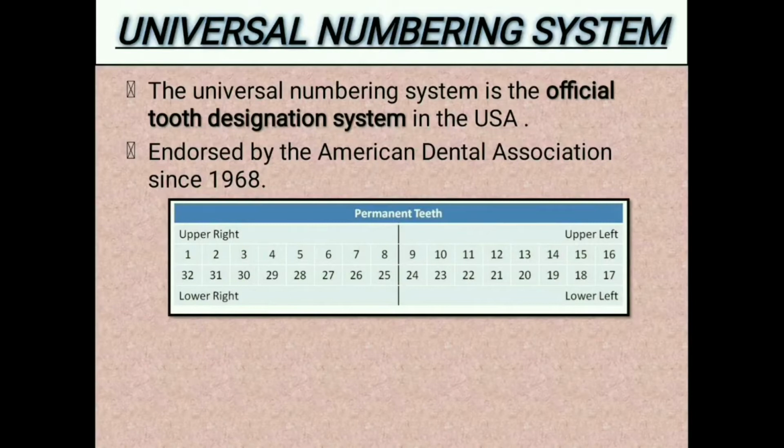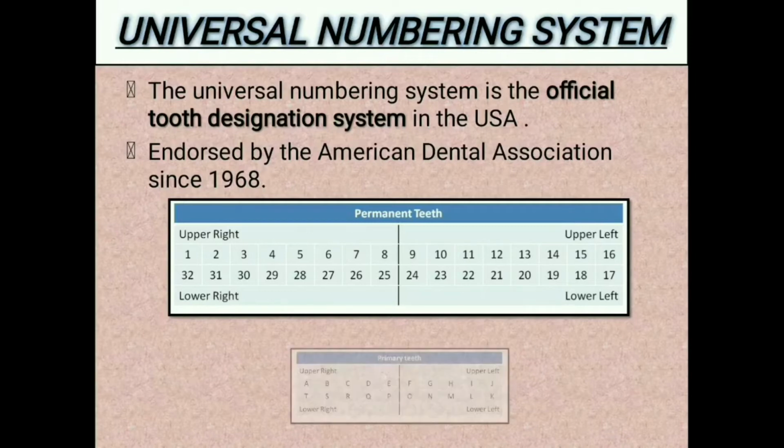Starting from the upper right quadrant, the upper right third molar is given number 1, going clockwise to the upper left quadrant, in which number 16 is given to the upper left third molar, number 17 for the lower left third molar, and going clockwise, number 32 for the lower right third molar.